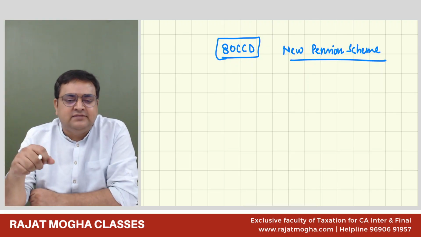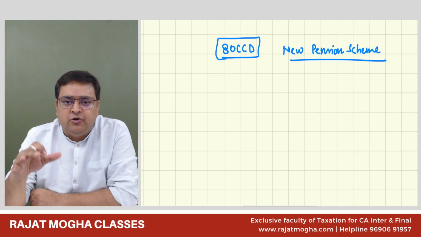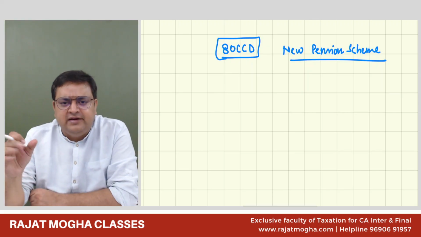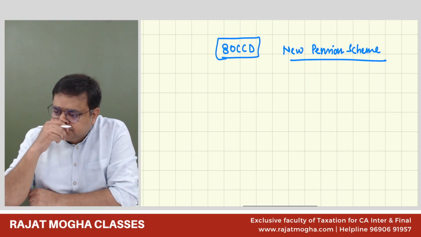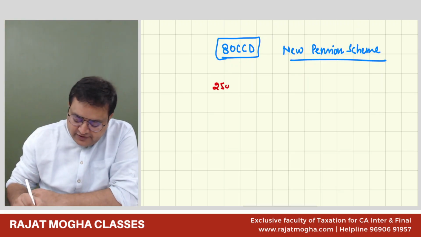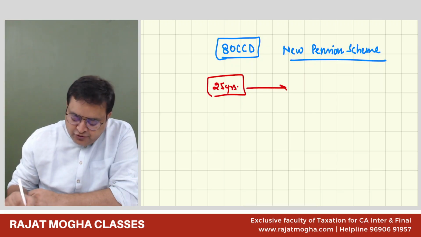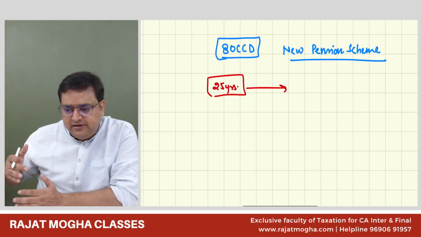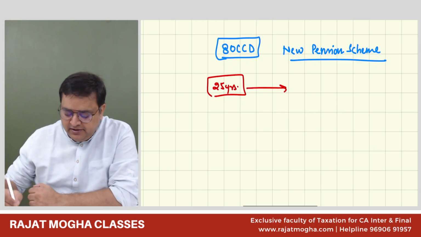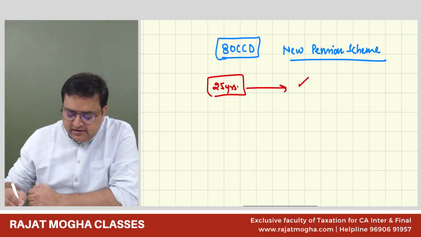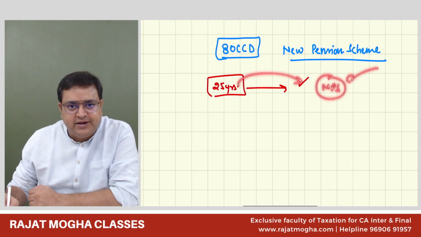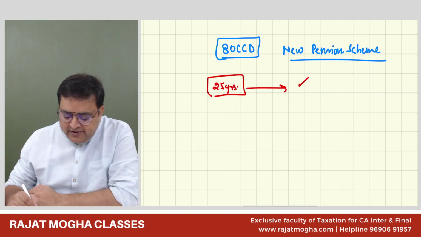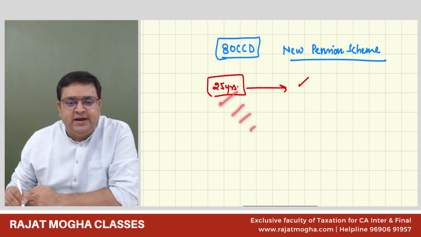He was 25 years of age and joined an organization, whether government or non-government, doesn't matter. His organization has opened an NPS account for him and he's also contributing, his employer is also contributing. Correct. And now he's 25, 26, 27, 28, etc.